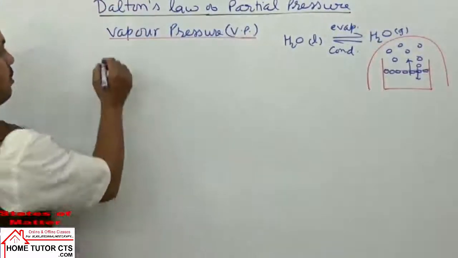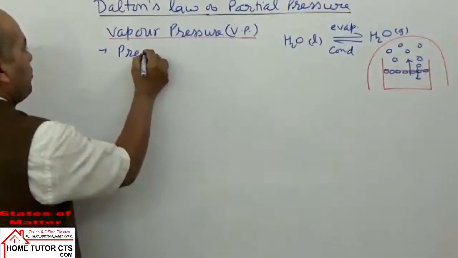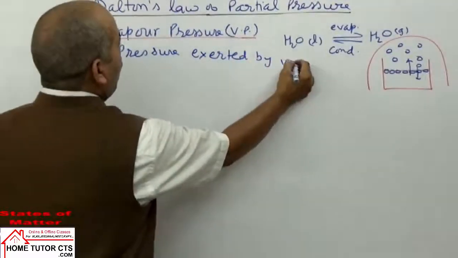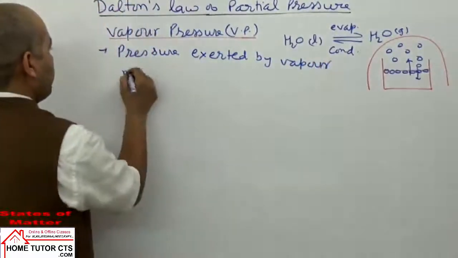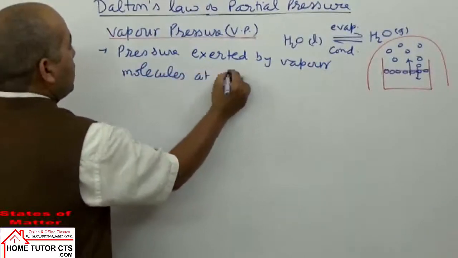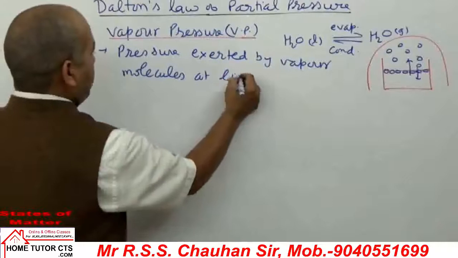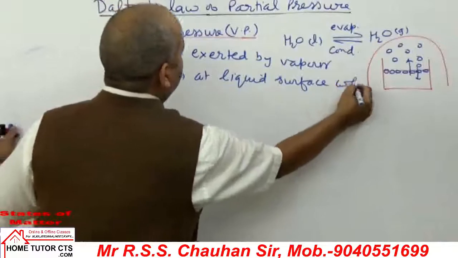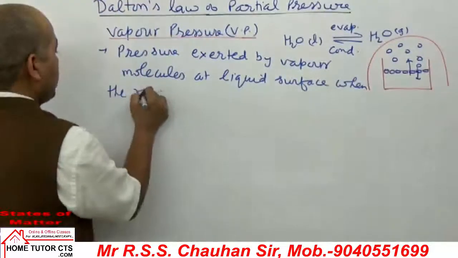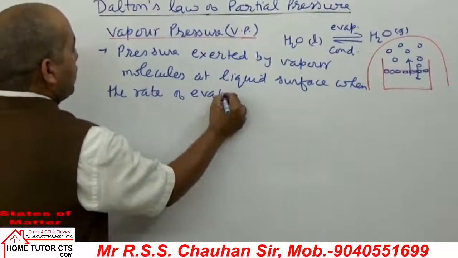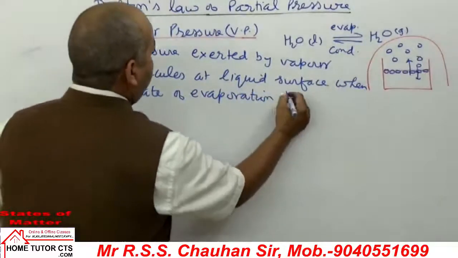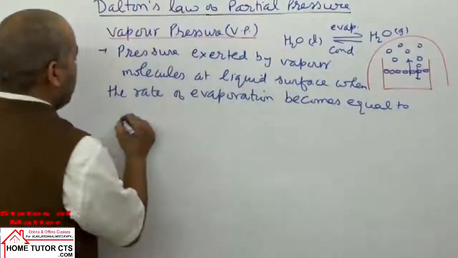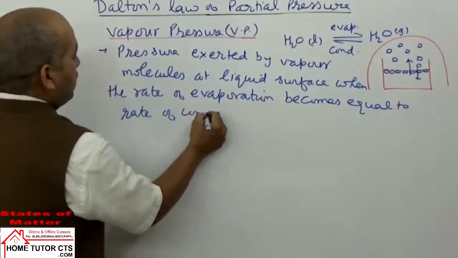So how we define this term vapor pressure? It is the pressure exerted by vapor molecules at liquid surface when the rate of evaporation becomes equal to rate of condensation.